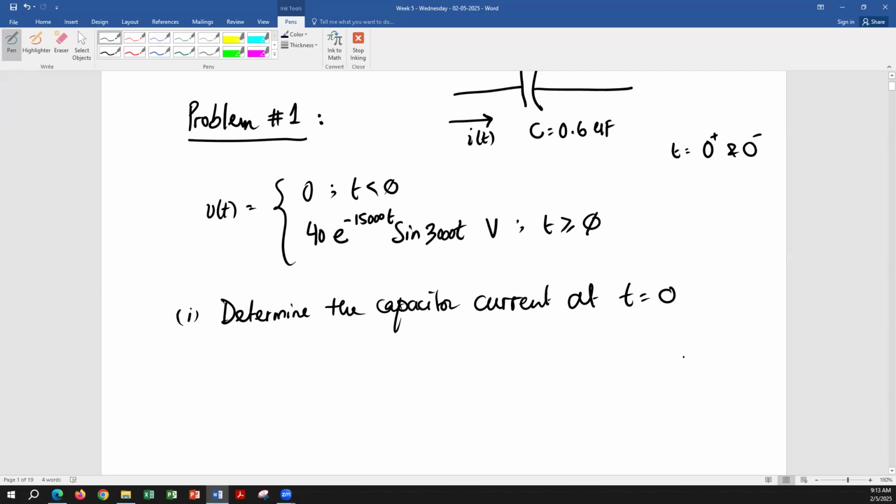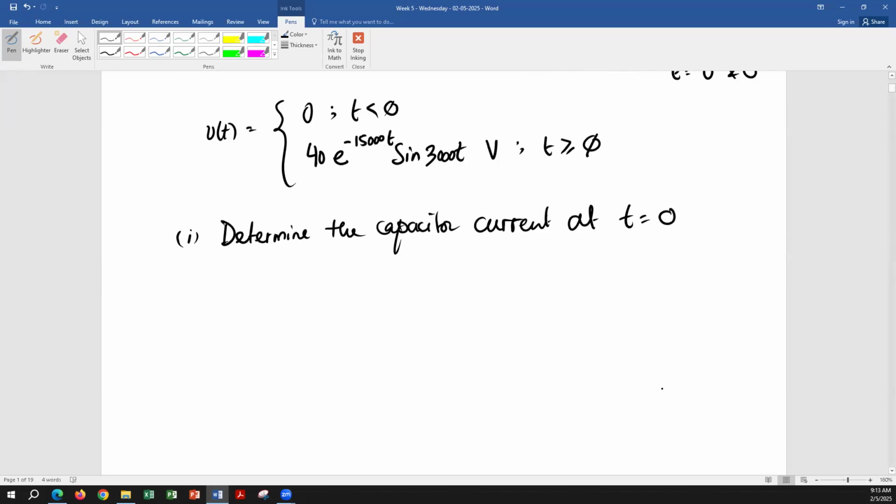I can call it 0 positive, but let's just go ahead and do it at 0. So 0 positive means just after the change is happening. 0 negative means just before the change has happened.